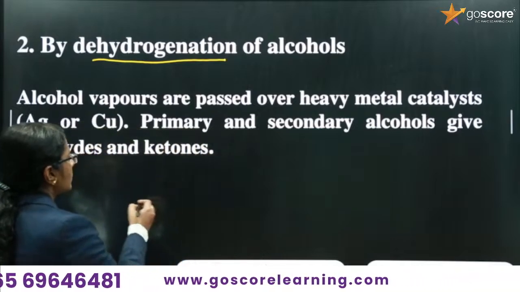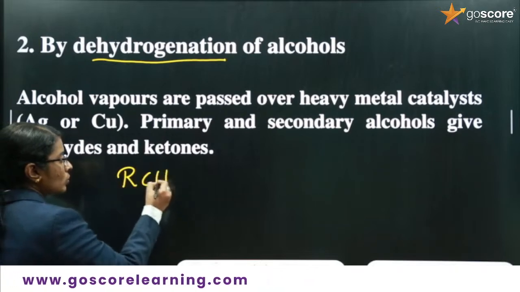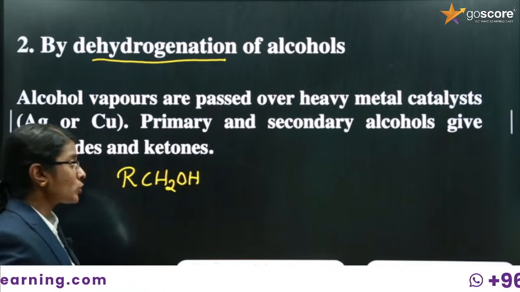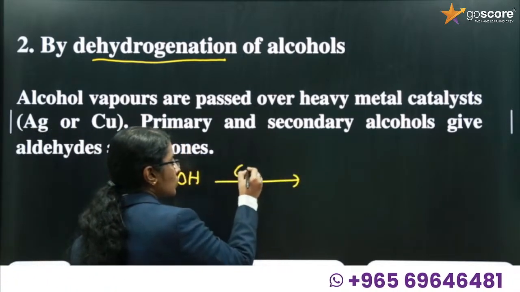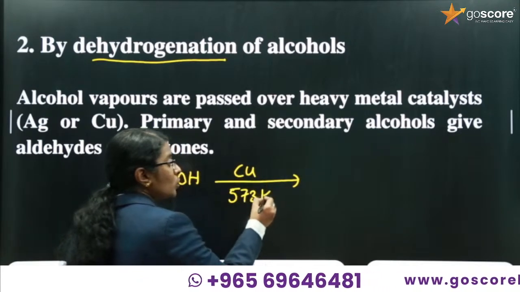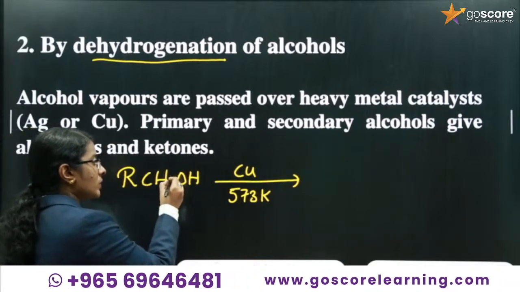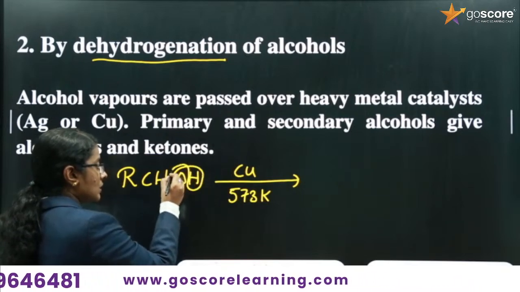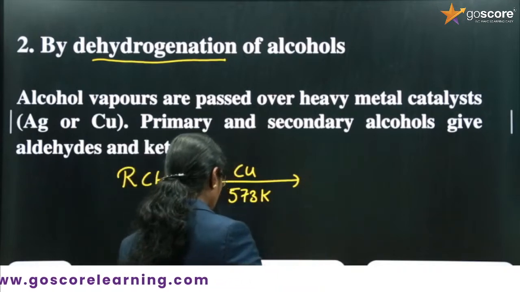So RCH2OH is treated with a heavy metal like Cu at 573 Kelvin. You will get the corresponding aldehyde. Dihydrogen will be eliminated and you will get RCHO.